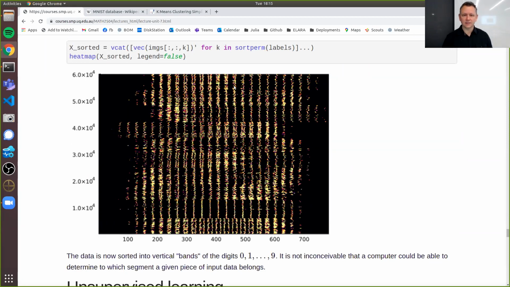And you can kind of see with your eye here, even though these images have been flattened out into appended scan lines, you can still see certain patterns in each band. So it's believable that you could train a computer program to figure out which band is which, and you could give it an example and ask which band it belongs to. That's what we're going to do with machine learning.